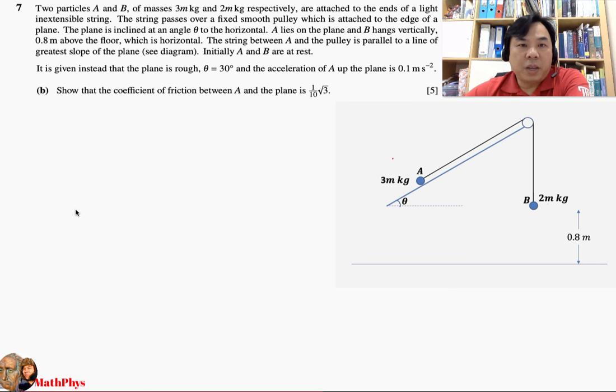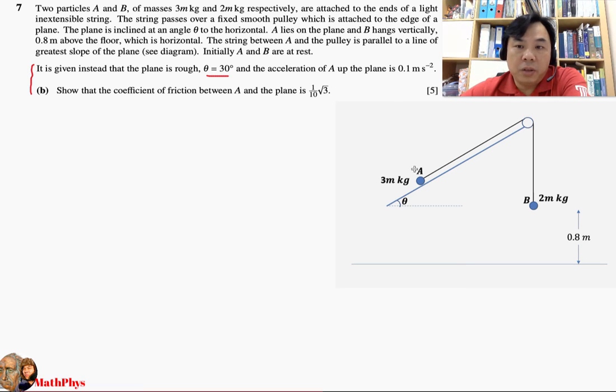All right, second section. It's still the same setup, but the second section is given by this question here. Let's read it through. We still have the particle of 3m kg and particle B of 2m kg. It is given now that, instead of the plane being smooth, it is a rough slope. The angle theta is given as 30 degrees in this case.